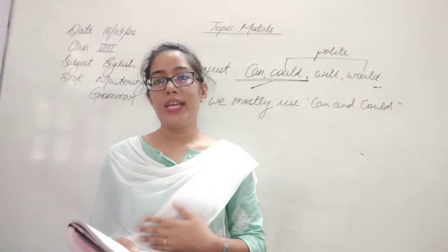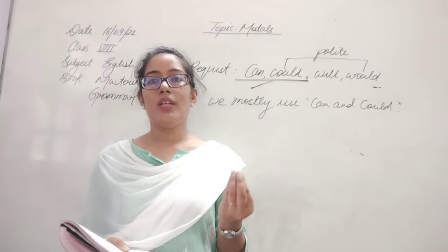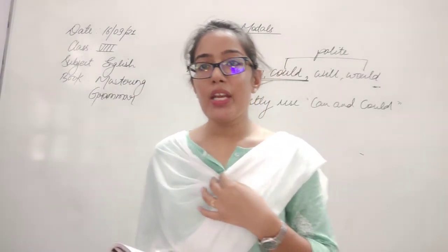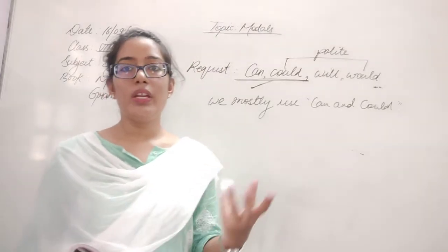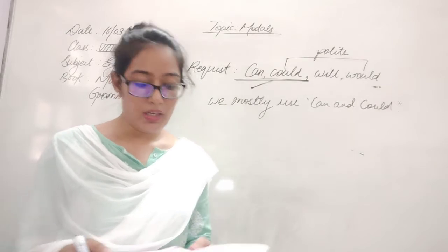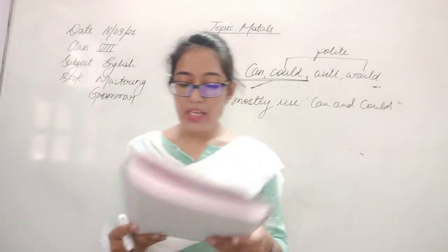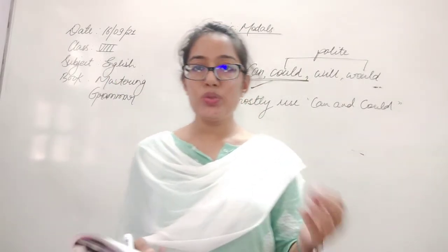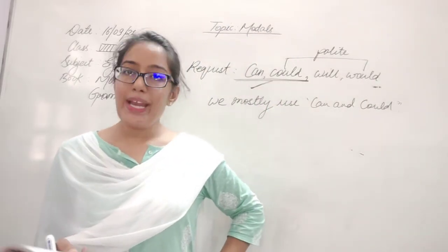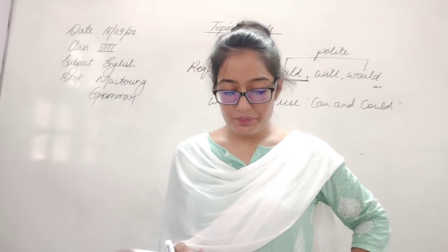But when you say, can you switch off the fan, you are making a request, but not in a very polite manner. You should say, could you please switch on the fan? So can and could are commonly used to make requests. Could and would are more polite than can and will.